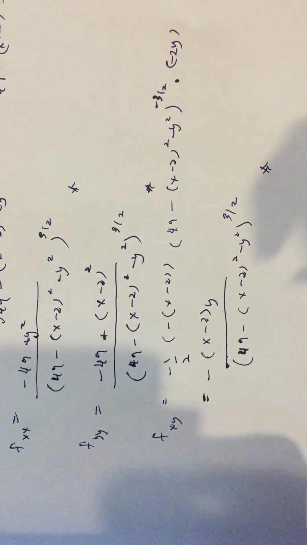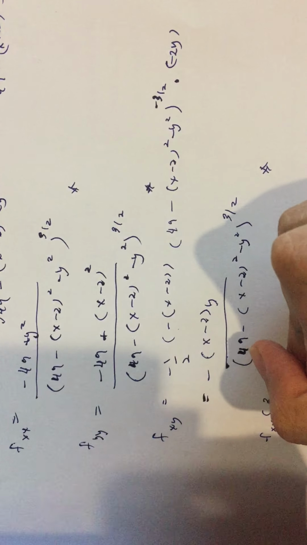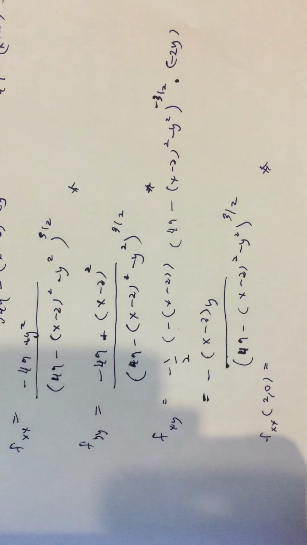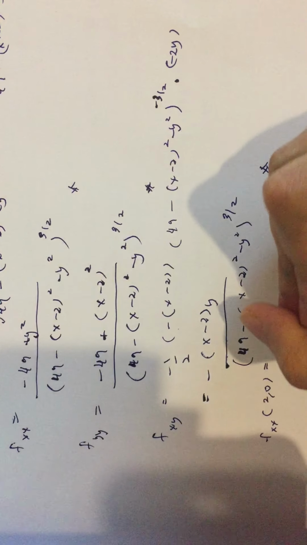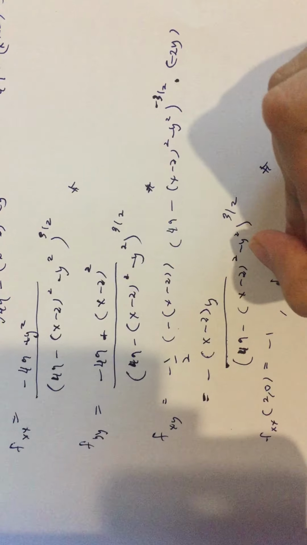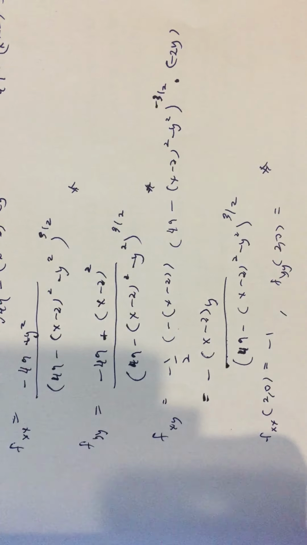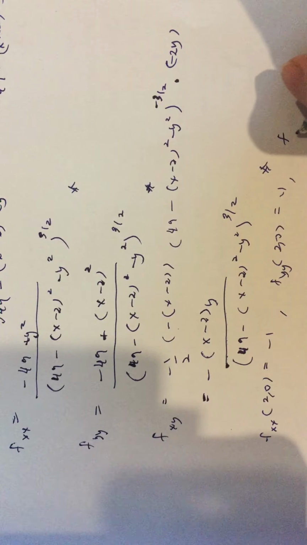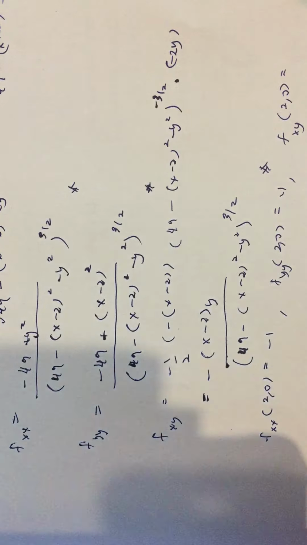So basically, now we need to calculate fxx at (2, 0). So just substitute into this one, and then we get minus 1. And then fyy at (2, 0) is equals to minus 1. And then fxy at (2, 0) is equals to 0.